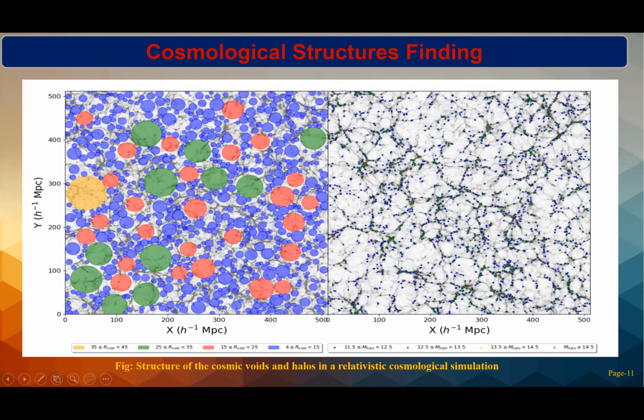The right panel shows the clustered halo mass and the particle distributions. The gray color indicates the particle distribution, whereas the different colored dots are halos with different mass ranges. Here, 11.5 and 12.5 are in powers of 10, and the unit is solar mass per h. You can see that massive halos are located in more clustered zones than less massive halos.